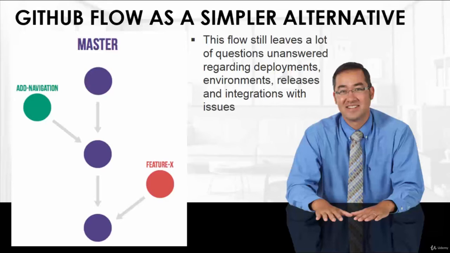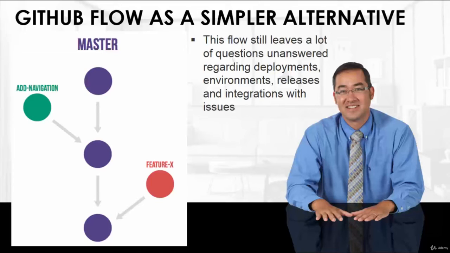They offered a master branch with everything being added to that branch. All code changes are merged into the master branch, which makes sense, and most organizations use this. And this flow leaves a lot of questions unanswered regarding deployments, environments, releases, and integrations with issues.